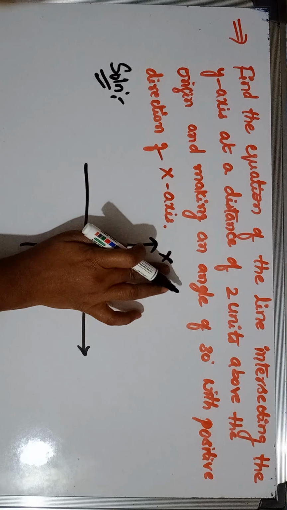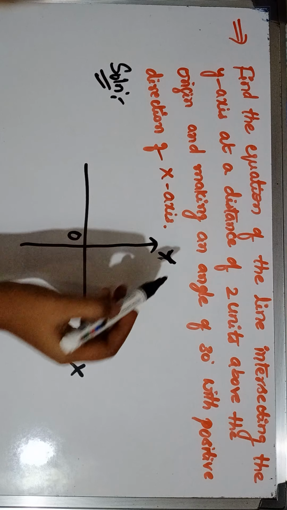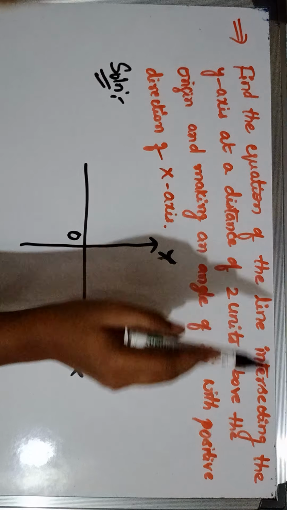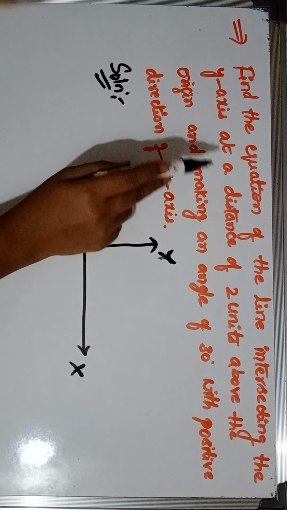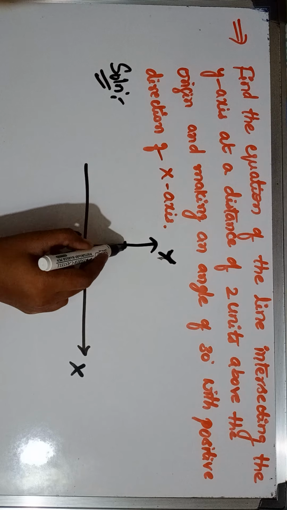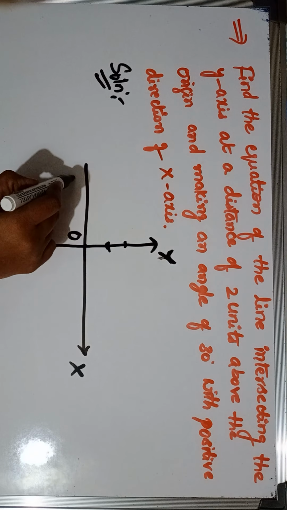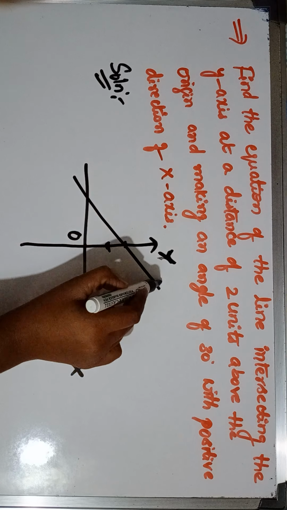See, this is y-axis, x-axis. See, we have to find the equation of the line which intersects y-axis at a distance of 2 units above the origin. That means from the origin, 2 units above, it intersects the y-axis, and it makes an angle of 30 degree with the positive direction of x-axis.